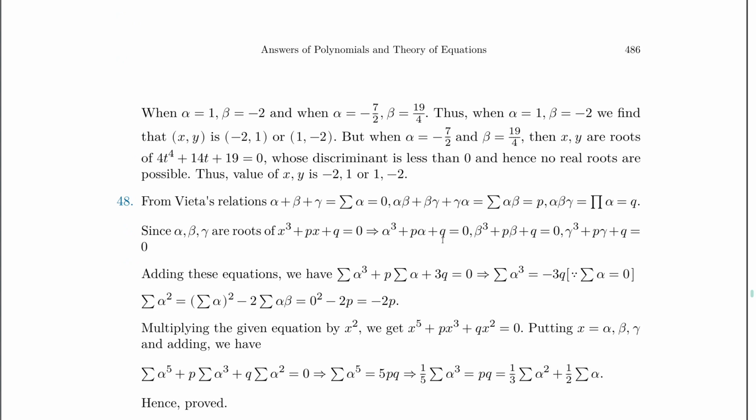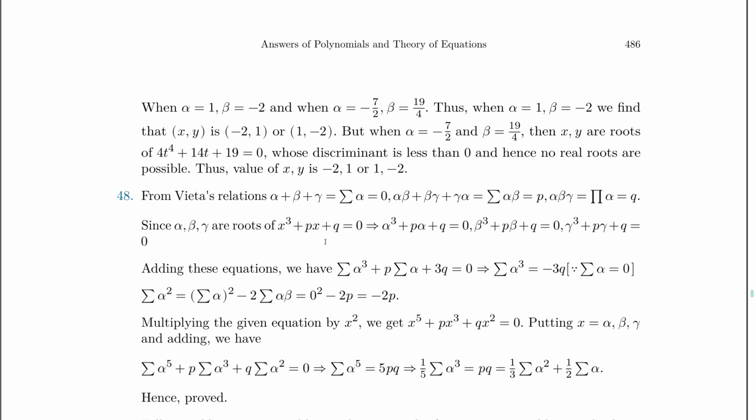Okay. So since alpha, beta, gamma are roots of this equation, we substitute alpha, beta and gamma to obtain the equation. Now from this equation, we have sigma of alpha cube plus p sigma of alpha plus 3q is equal to 0. So sigma of alpha cube is minus 3q. And similarly, sigma alpha square is equal to sigma alpha whole square minus 2 sigma alpha beta, which is equal to minus 2p.